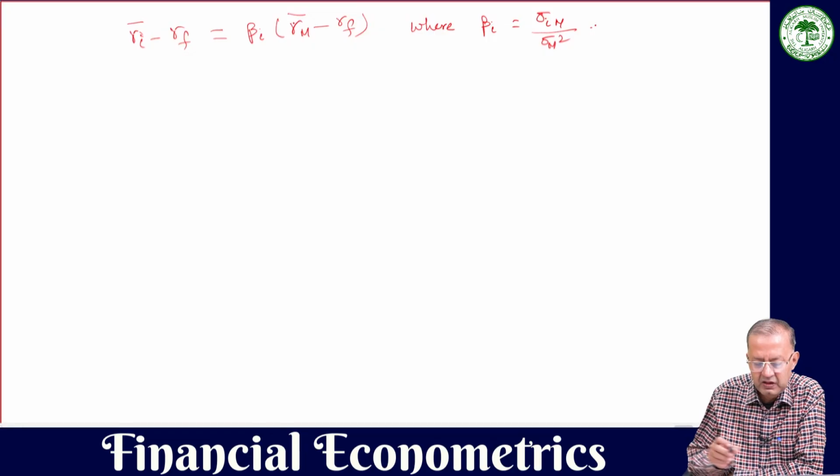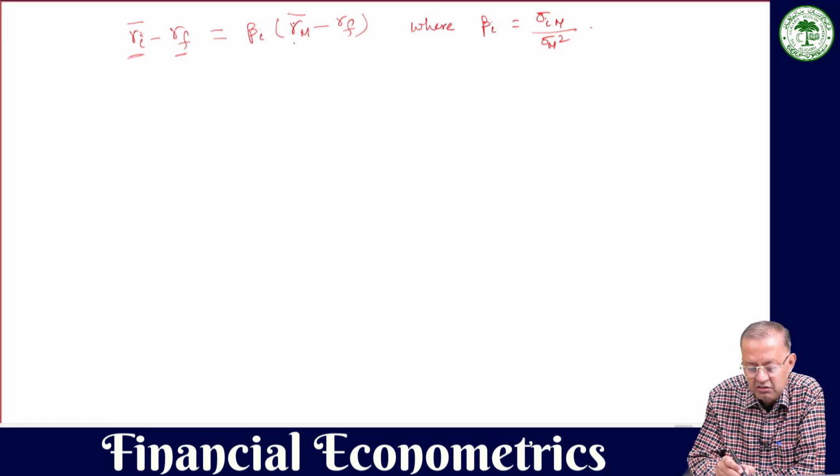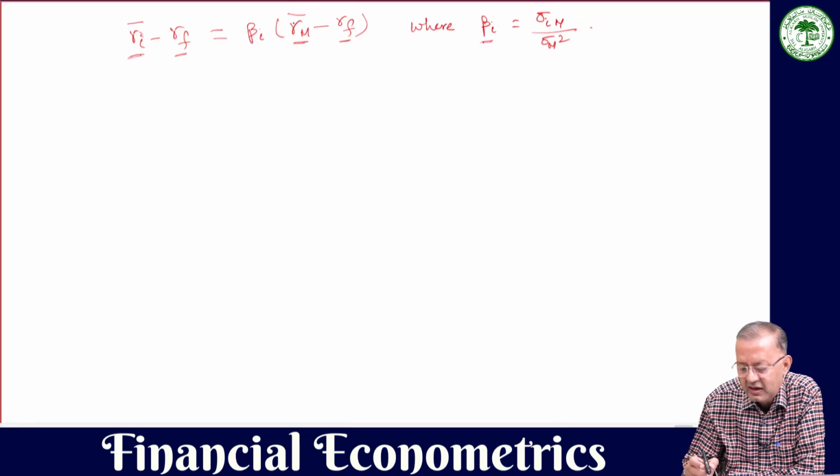Ri bar is the average return on the ith asset, Rm bar is the average return on the market asset, and Rf is the return on the risk-free asset. What is this beta i? Beta i is nothing but the covariance between the ith asset and the market asset divided by the variance of the market asset.